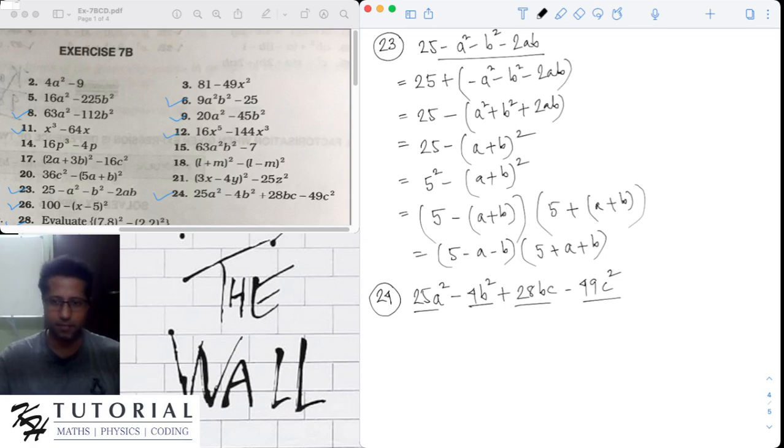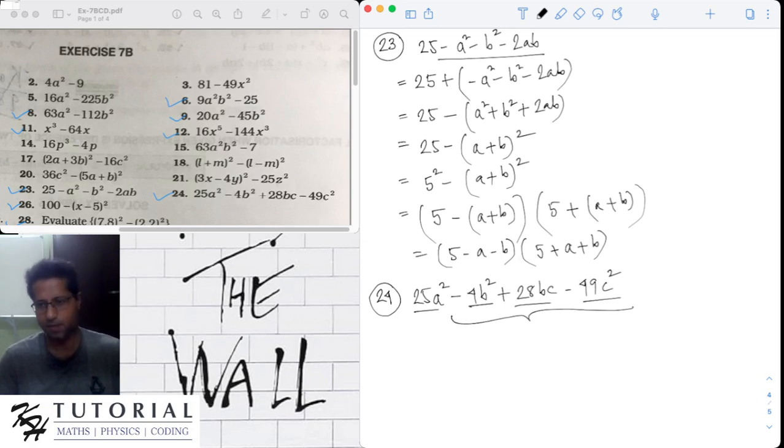So definitely you must try to see whether the square of b, that is the minus 4b square, and the square of c, that is the minus 49c square, and the term 28bc, this whole term, whether it is forming some square or not, because we are having b square, c square and bc.